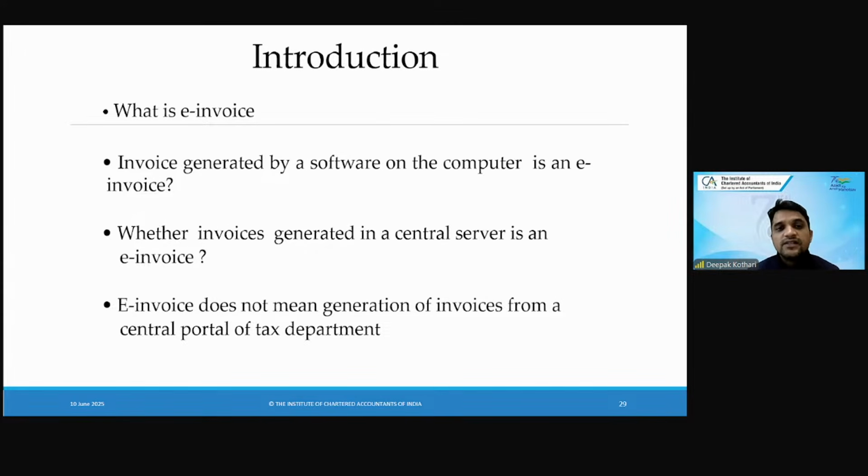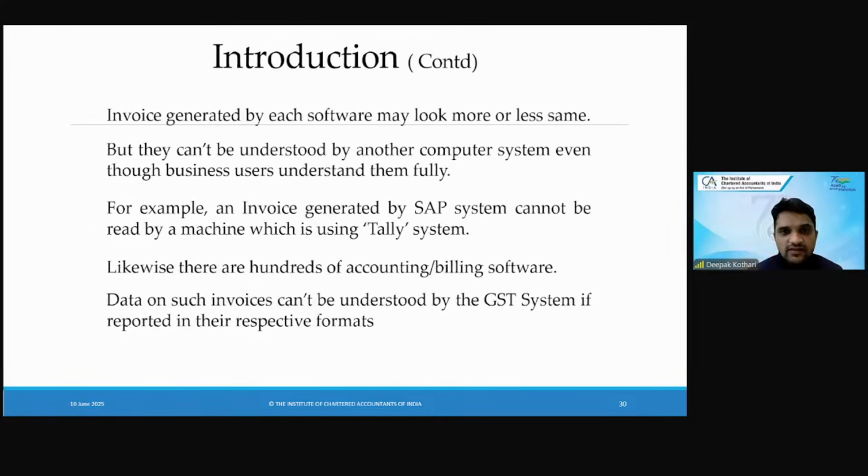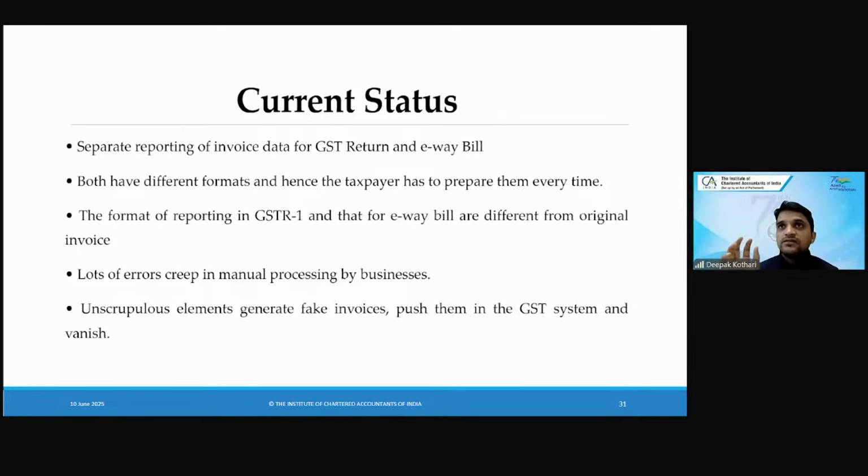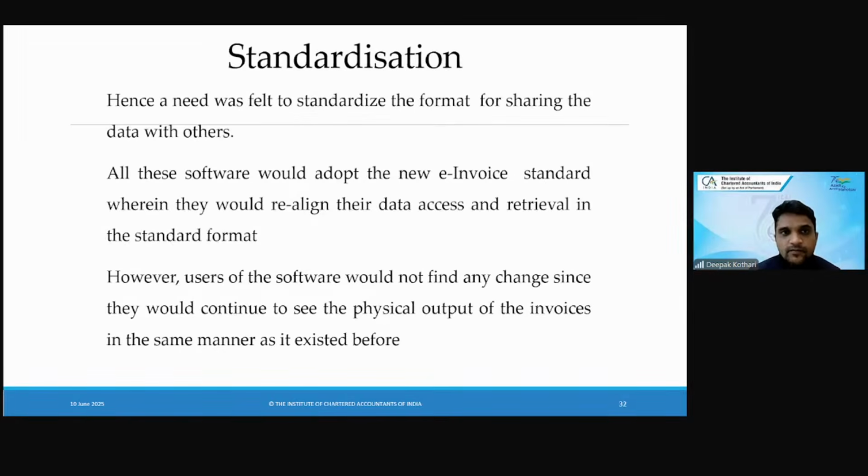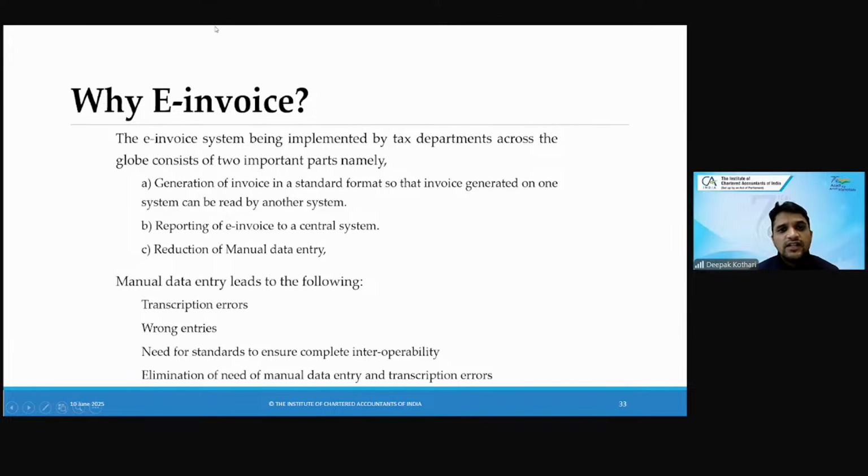So it is a process wherein your transactions you are entering on the e-invoicing portal and generating from that. That is an e-invoice. This is the background which I was discussing. Yes, the e-invoice being implemented by tax departments across the globe consists of two important parts, namely generation of the invoice in a standard format.